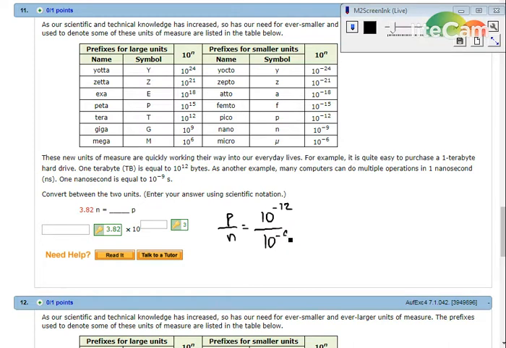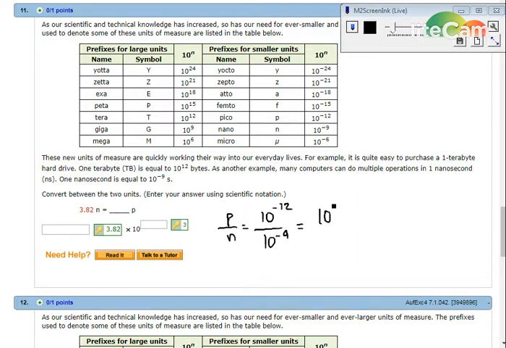The nano is small, but not quite as small. In fact, the picometer, we'll find out in just a second, is about 1,000 times smaller.